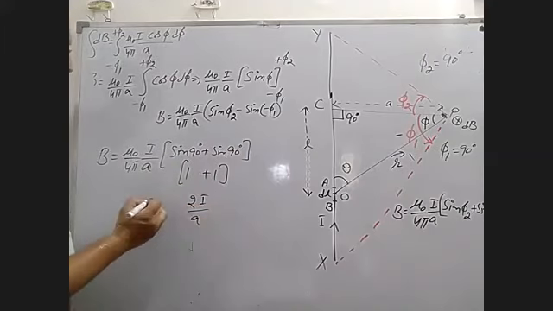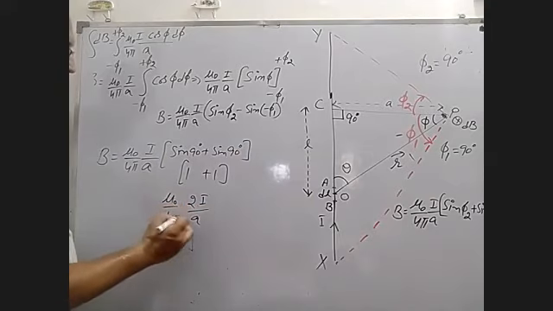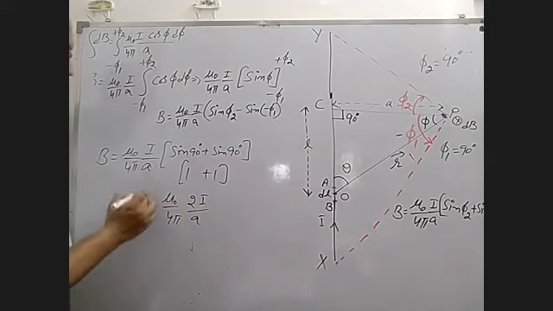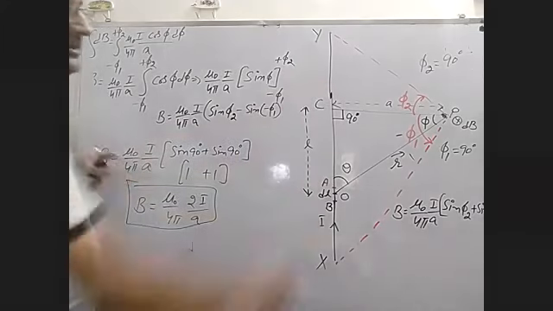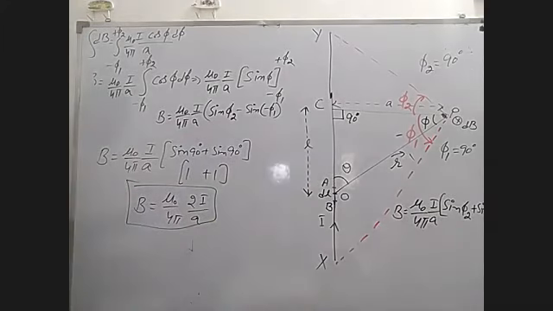Now this relation becomes mu naught upon 4 pi, 2I upon A, when the conductor is very long.